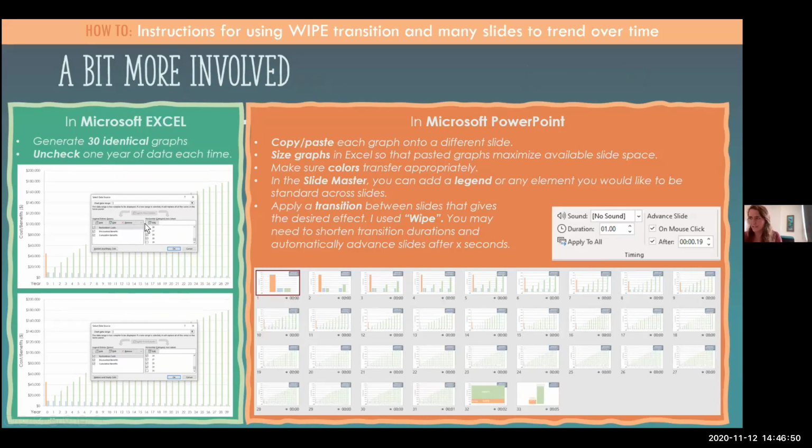It didn't actually take me that long. You're just unchecking a year's worth of data for each slide, essentially. And then you can just apply a wipe transition in between each slide, so that in my case, it just shoves the data over to the left with each slide.